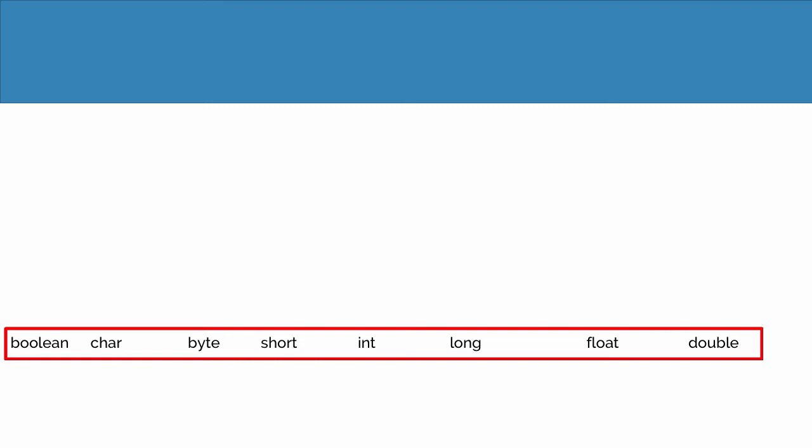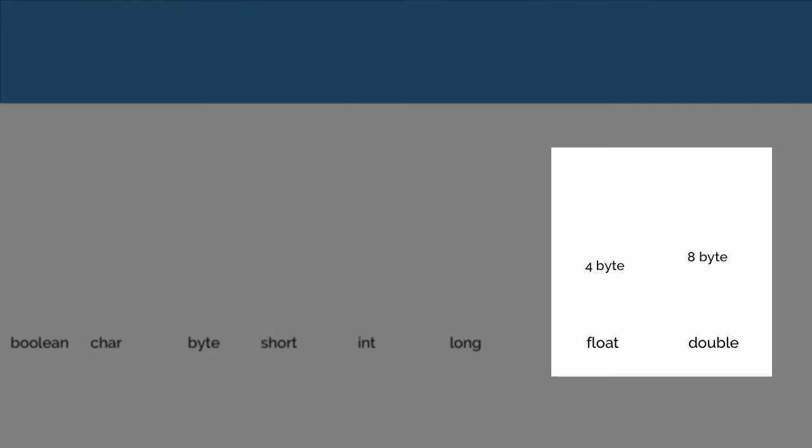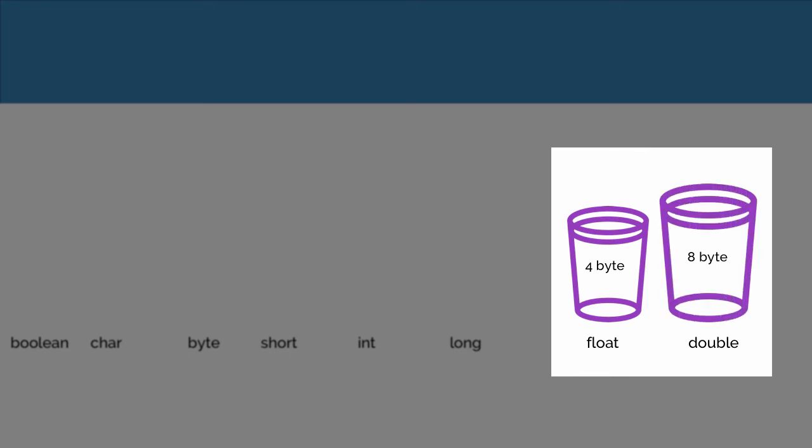So in the runtime, the float and double take the size of 4 byte and 8 byte respectively. Let us represent the float and double with the help of a small glass and a little larger glass. Just because double is of 8 byte, it can store a very large decimal value or the floating point value.